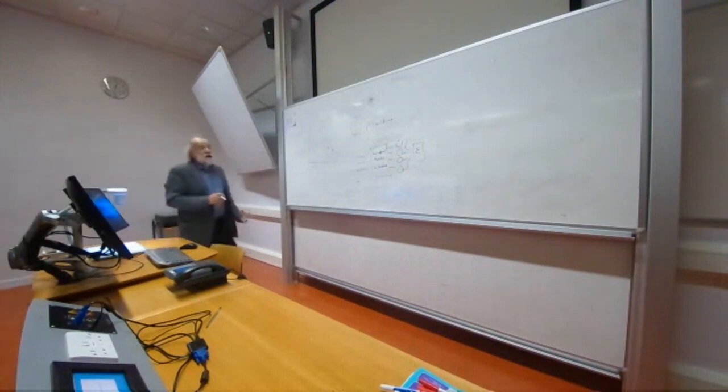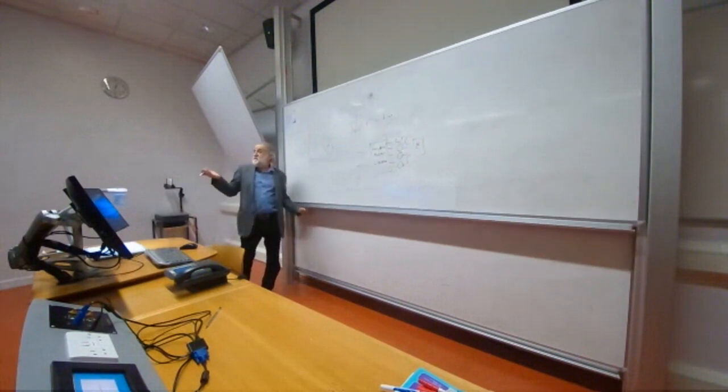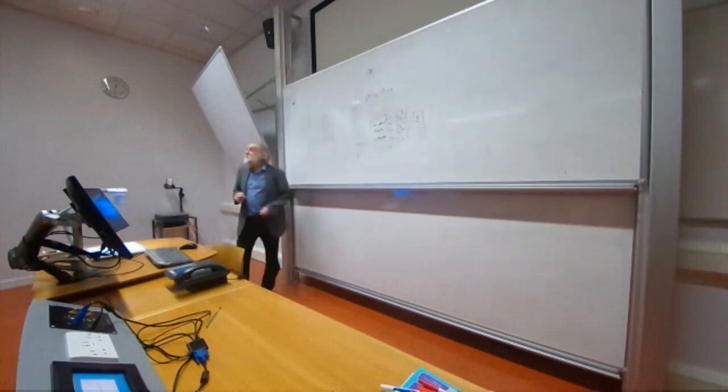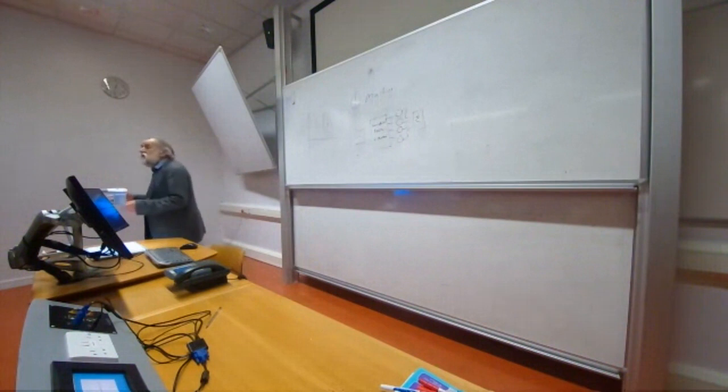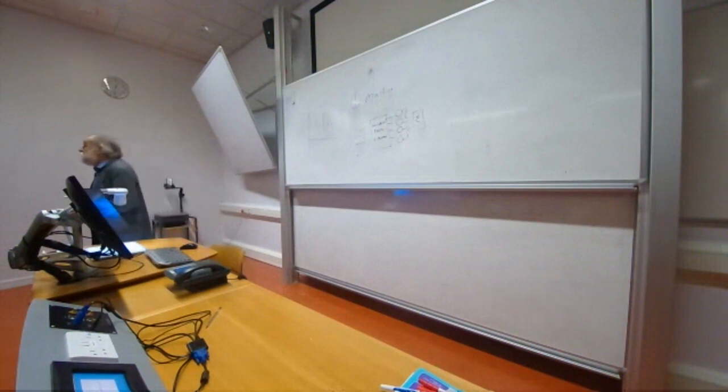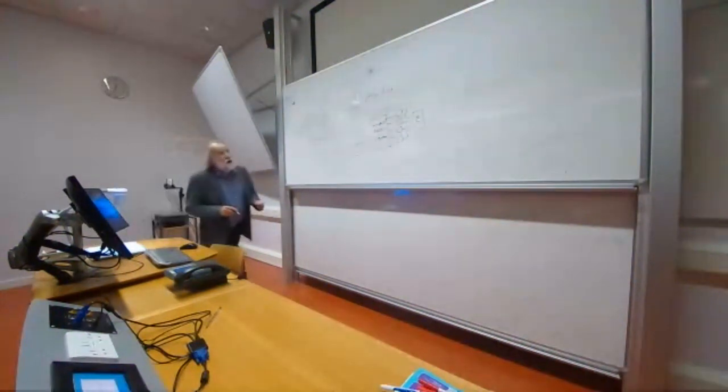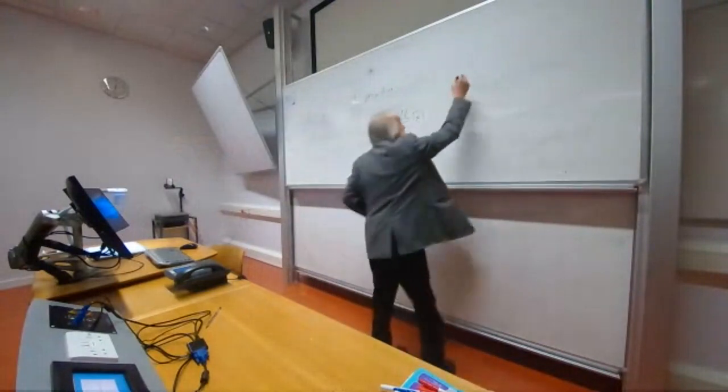So the next step was, hey, this is artificial intelligence. We're talking about learning things. Why don't we let the network learn the non-linear transform? And that leads to a multi-layer system.